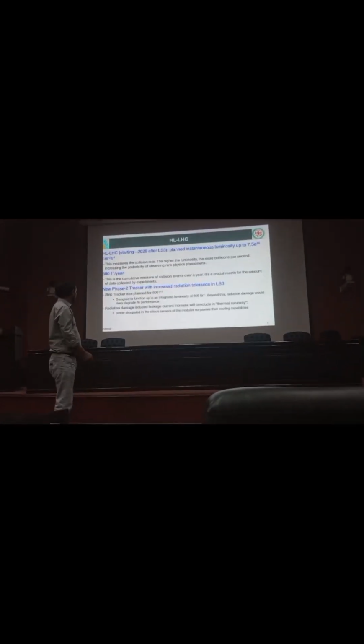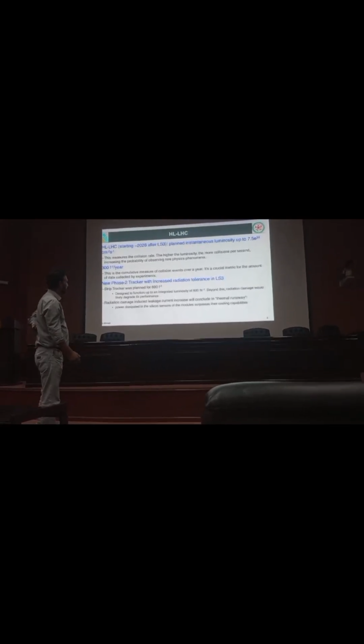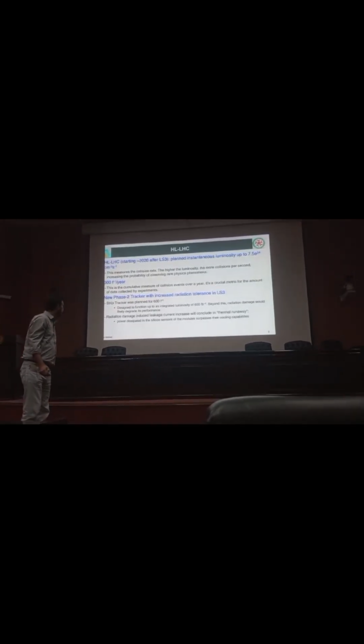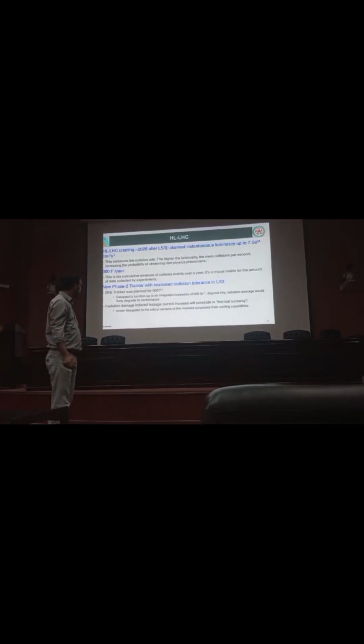So after 1 year, the cumulative measurement of the collision rate for 300 femtobarn inverse is a crucial metric for the amount, and new phase 2 trackers because right now CMS, the experimental analysis, is working on the trackers.